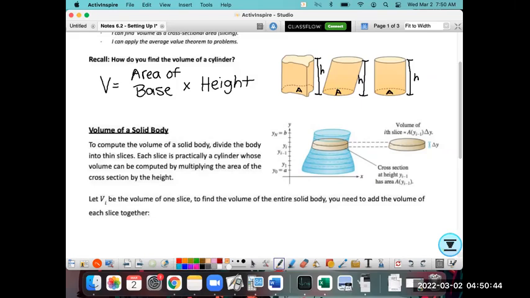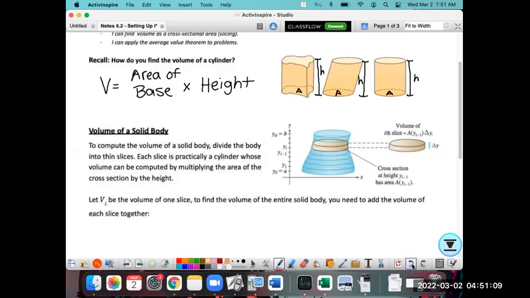If we are dividing this solid into thin slices, those heights are tiny little changes of the height. It doesn't look terribly tiny right now because visually I can't have you see that with too tiny of slices. But this slice right here that I have highlighted, that is my quote unquote thin slice.